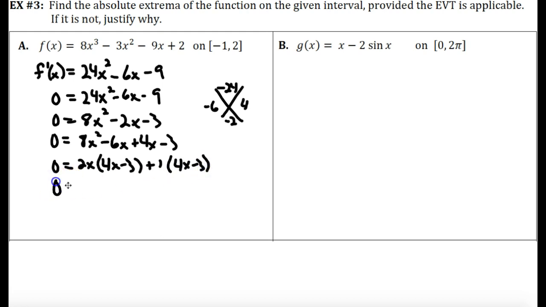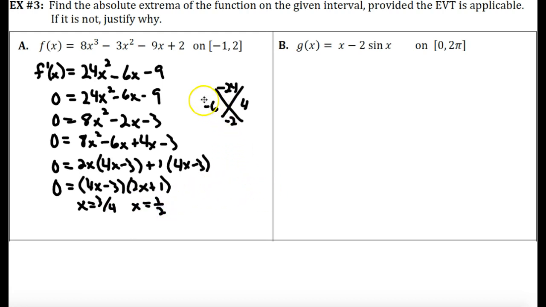When I finish, I end up with 4x minus 3 times 2x plus 1. Set both of those equal to 0, and I would get x equals 3/4 and x equals -1/2.